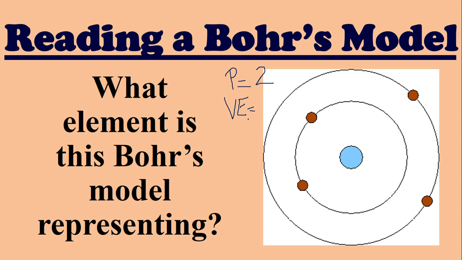And then how many valence electrons does it have? Well, it has 2 valence electrons. So what you do, you go on the second period with 2 valence electrons and see where they cross. Where they cross would be their element, and this element is beryllium.